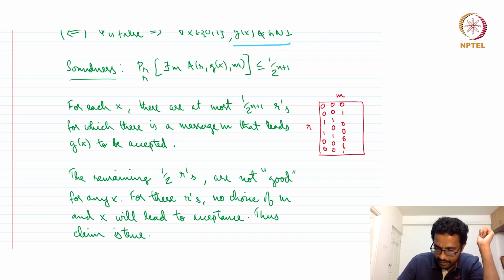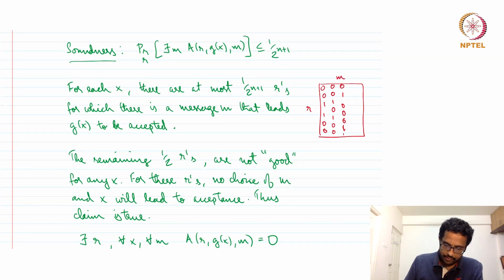This one indicates the acceptance of gx for that r and that m. So what I want to say is that there are at most that many r's that have at least one 1 in their row.